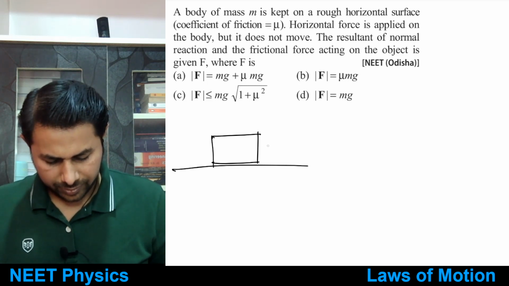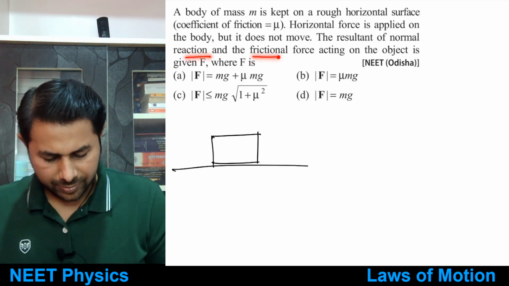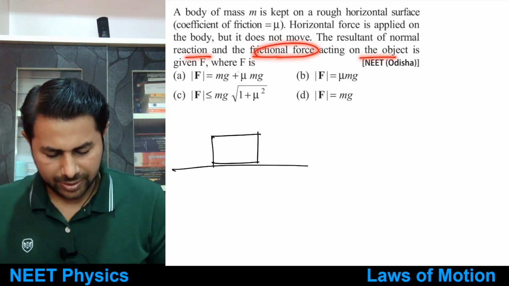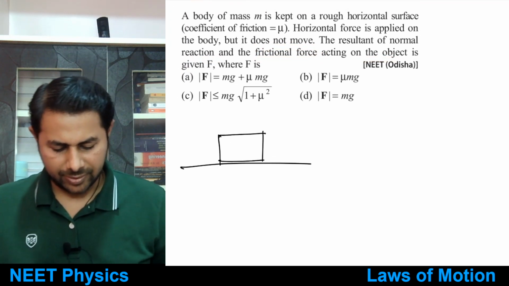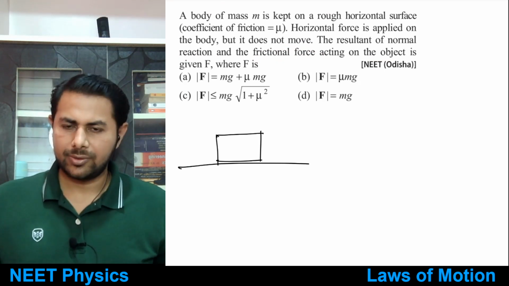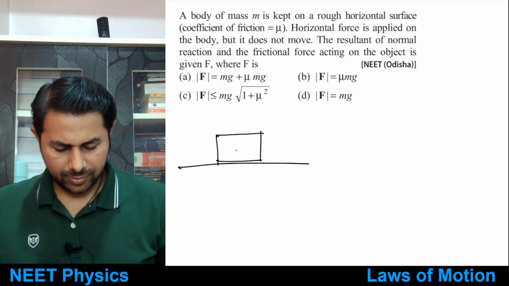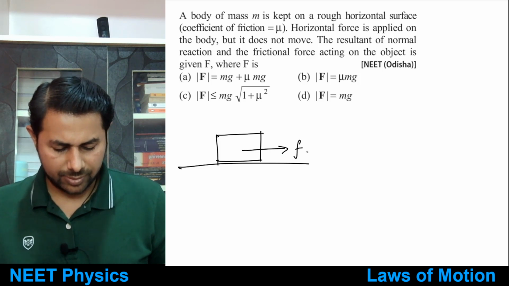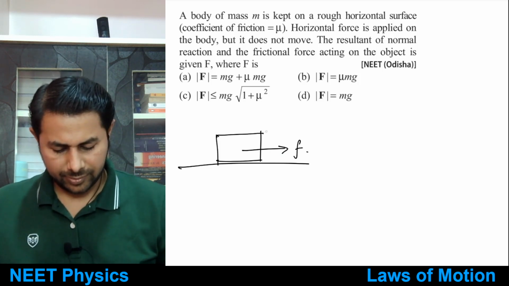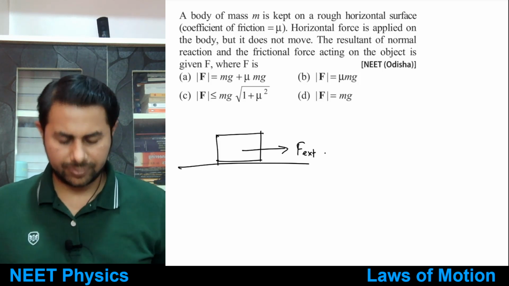So the resultant of normal reaction and frictional force acting on the object is given F, where F is. You apply some horizontal force, I will call it F external.